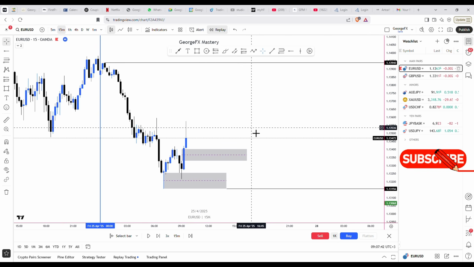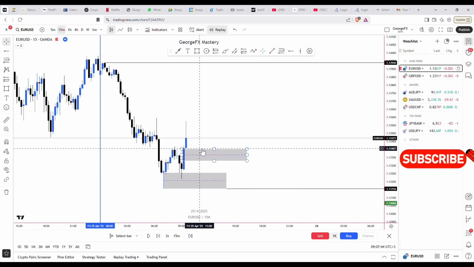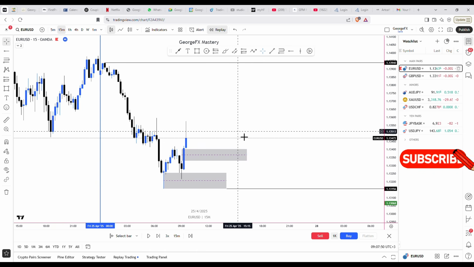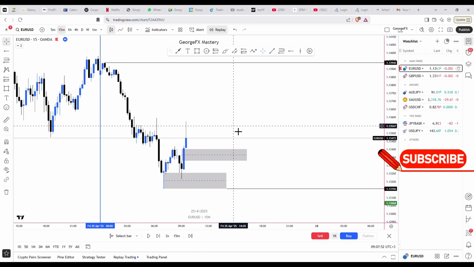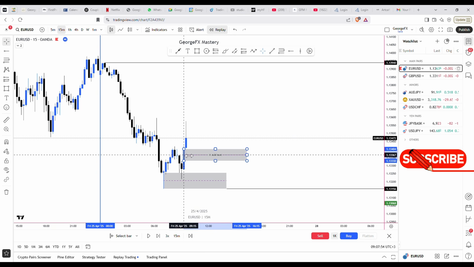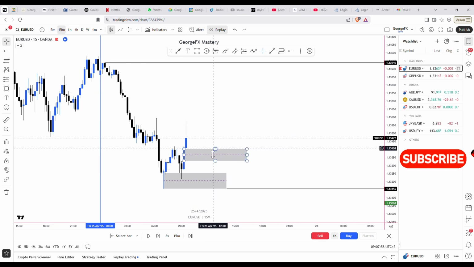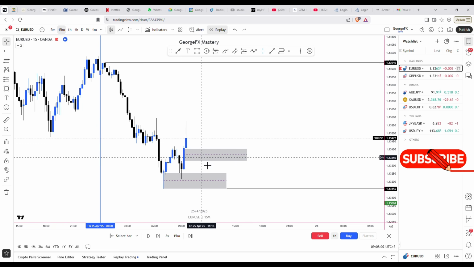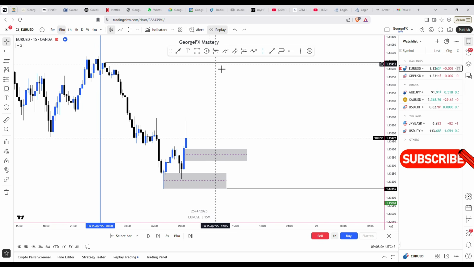I think I'll attach a few results of my students and the guys on my channel who made money off the same. So now you'll be expecting price to get inside of this fair value gap. You'll take a trade from this fair value gap and target whichever high.